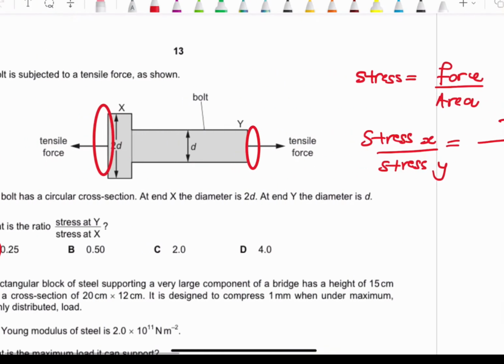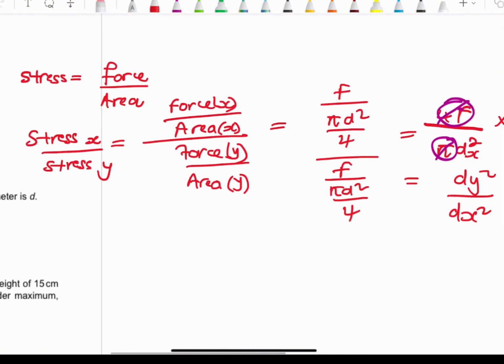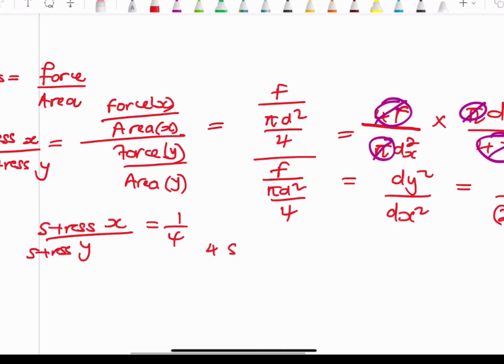But my question says stress at Y over stress at X. So if stress at X over Y is 1 over 4, I worked this in reverse, but it's still fine. That would be 4.